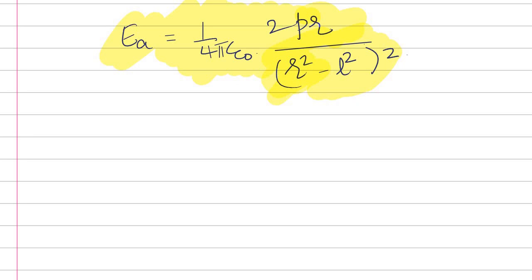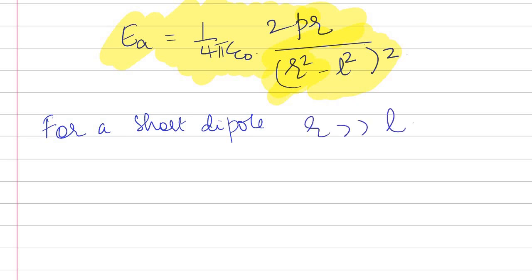Now if we use a short dipole, R is much greater than L, therefore L square can be neglected compared to R square.